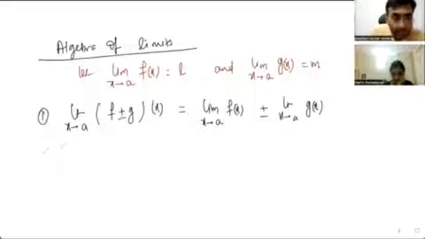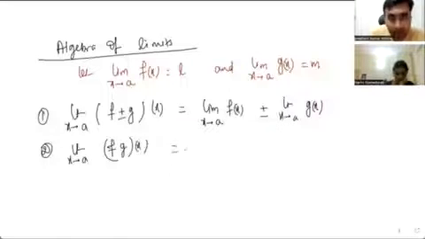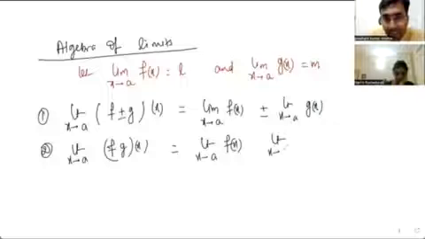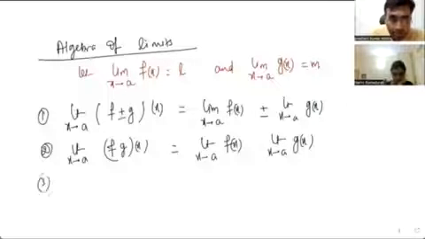Then the second condition is limit x tends to a, f(x)g(x). That will be limit x tends to a f(x) multiplied by limit x tends to a g(x). The limit can be separated for multiplication also. The third situation is limit x tends to a, f upon g.